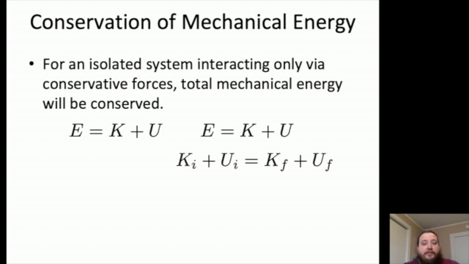In other words, the sum of the initial kinetic energy and the initial potential energy will be the sum of the final kinetic energy and the final potential energy, and at any point during that motion, we can just add up all of the sources of energy.